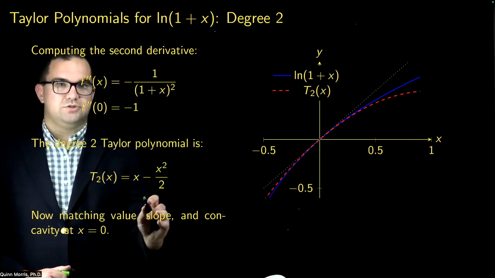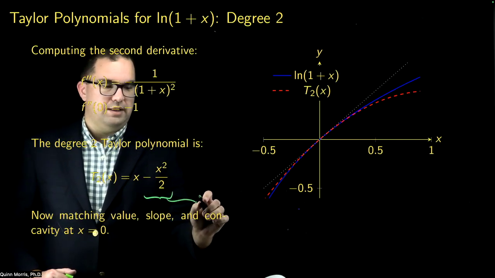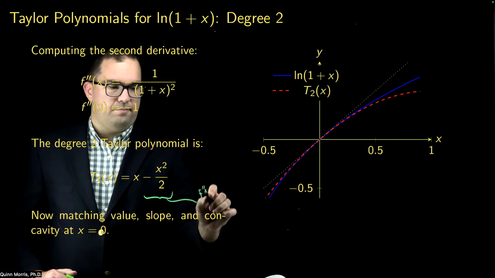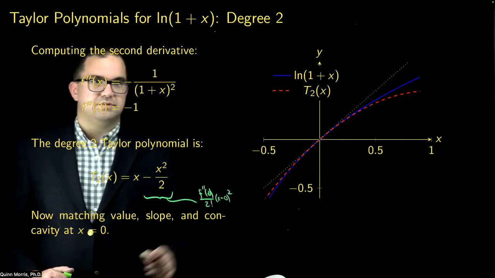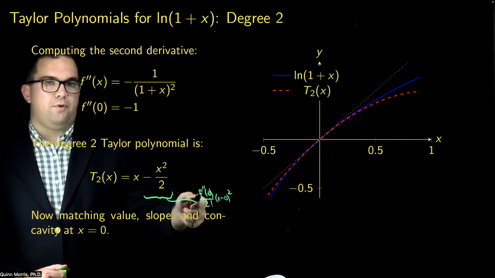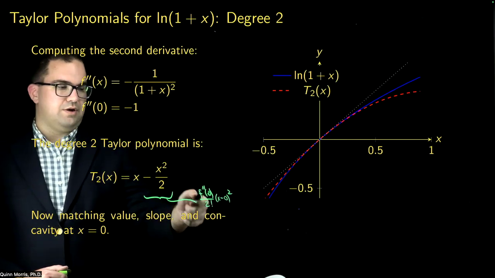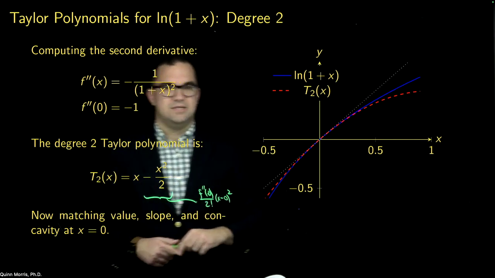This term is really just f double prime of a over 2 factorial times x minus a, where a here is 0, squared. My f double prime of 0 is -1, so I get a -1/2 times x squared. That just comprises that additional term.